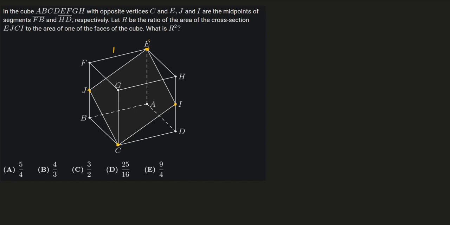Now the ratio of this cross-section to a face of this cube is R. But don't forget, for a unit cube, each face has an area of 1. Therefore, we know that the area of EICJ just equals R.